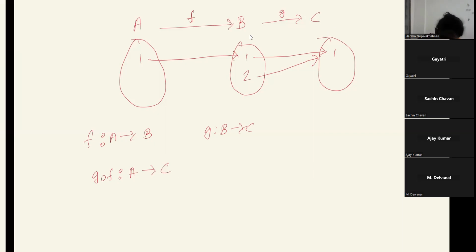So G composite F is defined as G composite F of 1 equal to 1. Clear? So G composite F is an identity function on the set A, we can say. Is this definition of G composite F clear? Okay, so from this we can say that G composite F is surjective, and because it is a bijection, it is injective also.